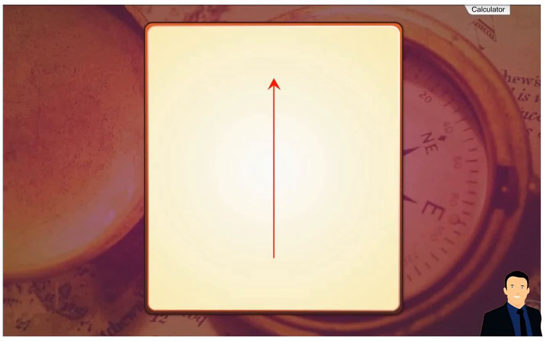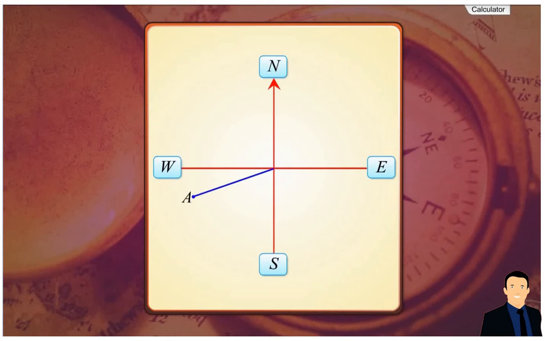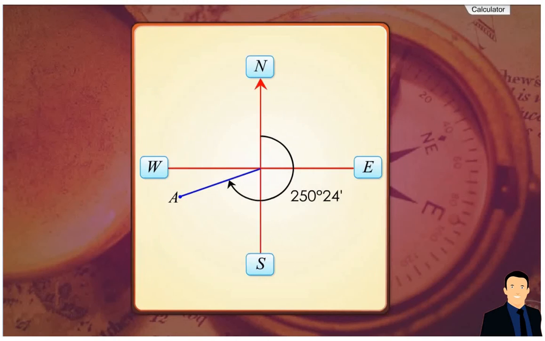Let's look at another example. Can you state the bearing of point A? The angle from the north to the line joining point A and the center of the compass is 250 degrees and 24 minutes.